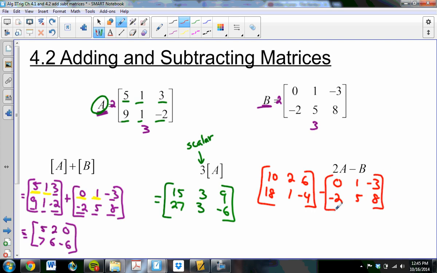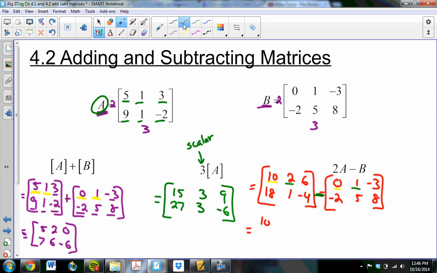Subtraction is a little bit tricky. You've got to be very, very careful about this negative sign right here. I want to do 10 minus 0. Well, 10 minus 0 is obviously 10. Then I'm doing 2 minus 1, which is 1.